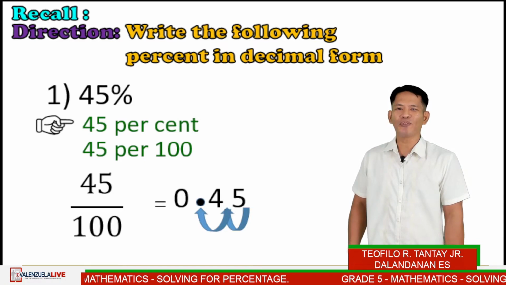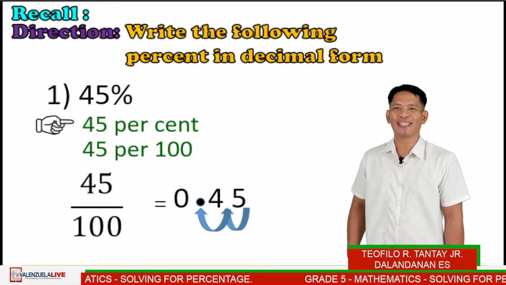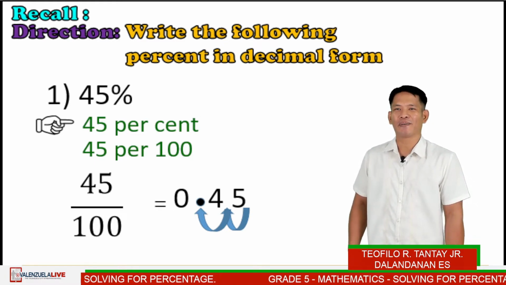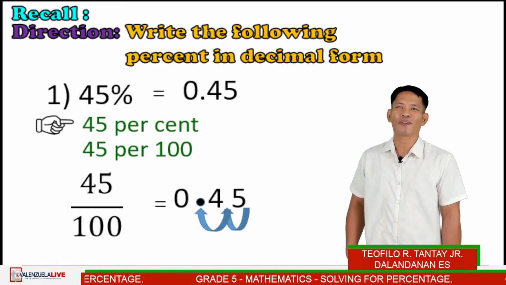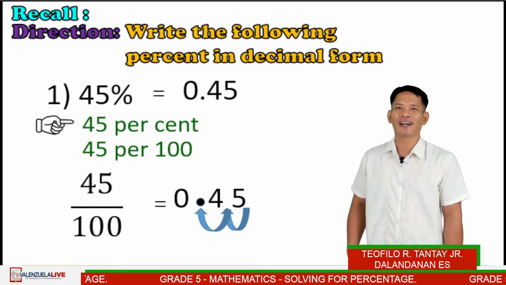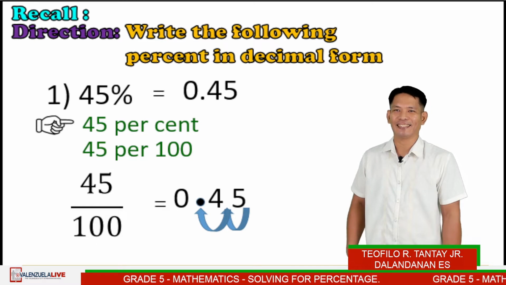We are going to move the decimal point 2 places to the left. Therefore, 45% is equal to 0.45 or simply 45 hundredths.